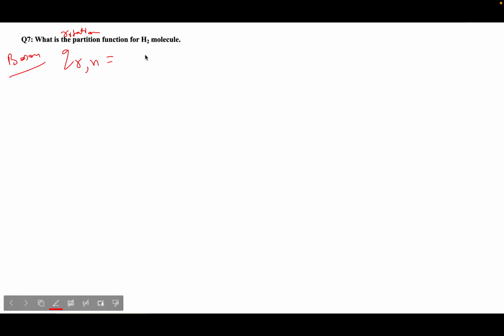This is I plus 1 into the summation over j even of 2j plus 1. This is the degeneracy of rotation. 2j plus 1 times e to the power minus j(j+1) h bar square by 2 pi m kBT.